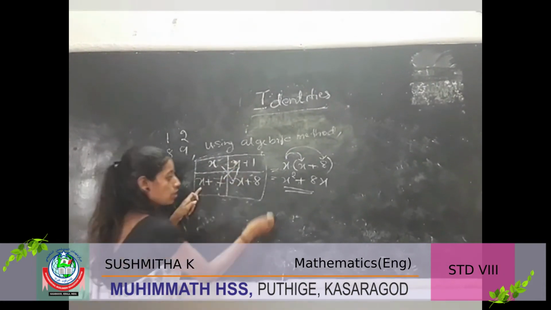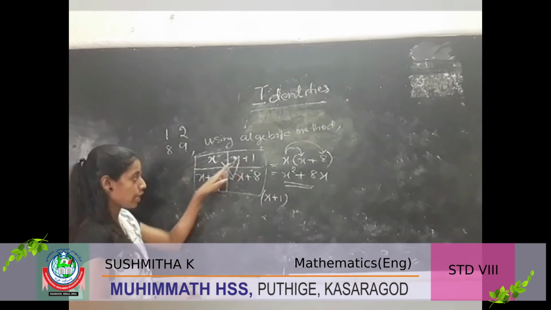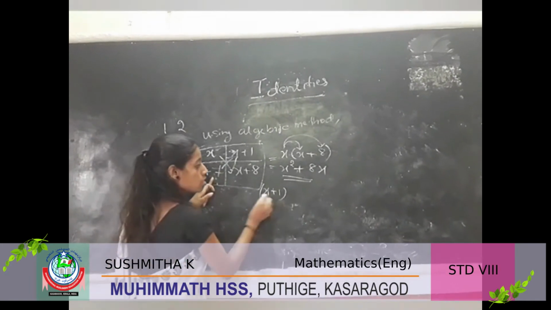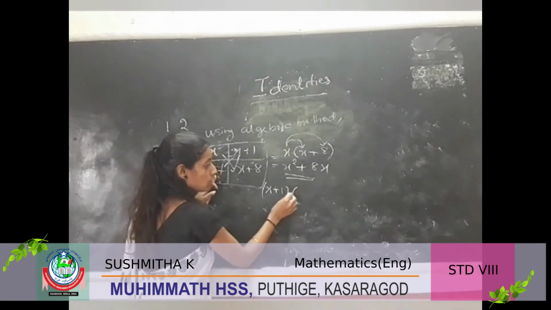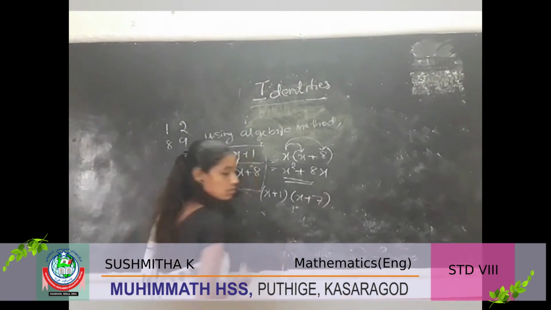What is the second one? The product of the other diagonal: x plus 1 into x plus 7, isn't it?